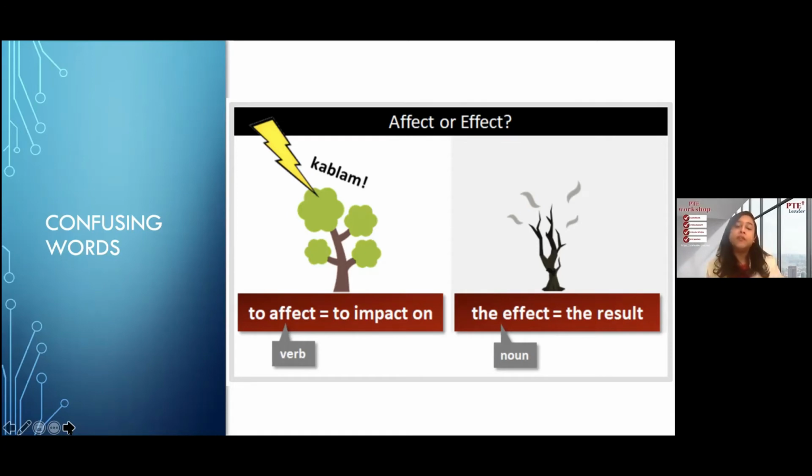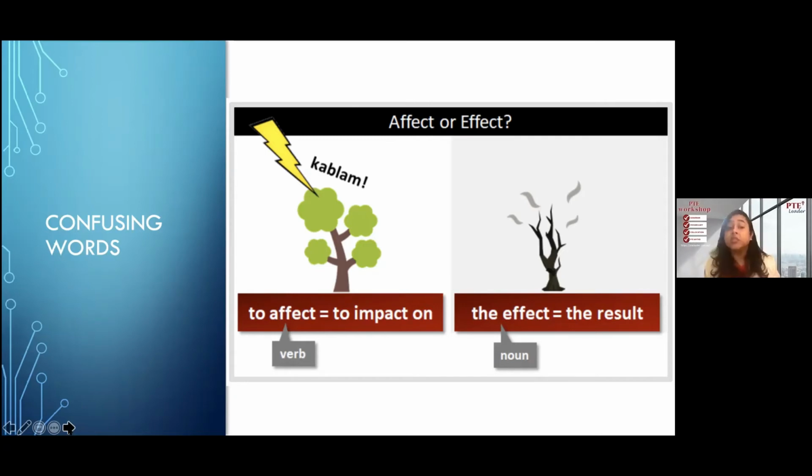So when you are confused about whether to write affect with an A or effect with an E, just look at the sentence and see how you're using the word, if it's a verb or a noun. If it's a verb and you are talking about the impact of something, you use affect with an A. If you're talking about a consequence, you use effect with an E. So when you are listening to a recording in the PTE test and they are saying the word, don't just blindly write affect or effect.